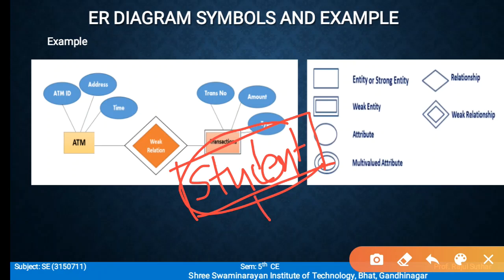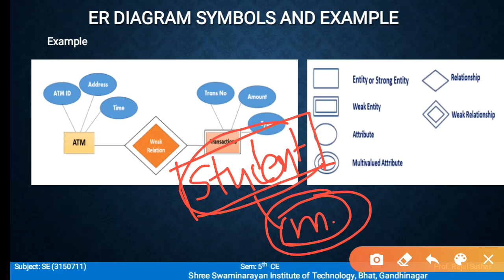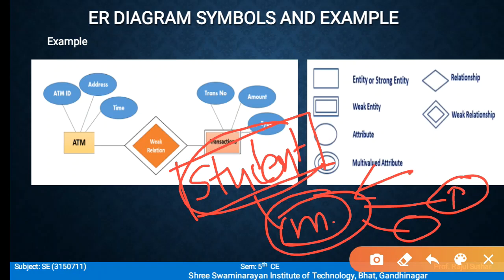The attributes of the student entity include mobile number: the personal mobile number as well as the parents mobile number. So this attribute is derived in two parts. Mobile number is called a multi-value attribute, with personal mobile number and parents mobile number. Okay.